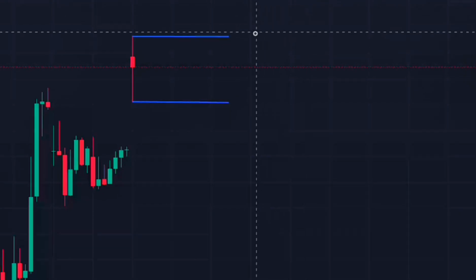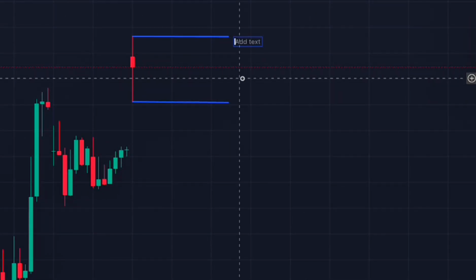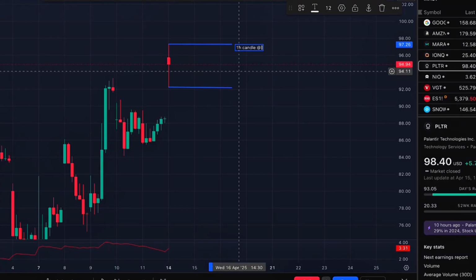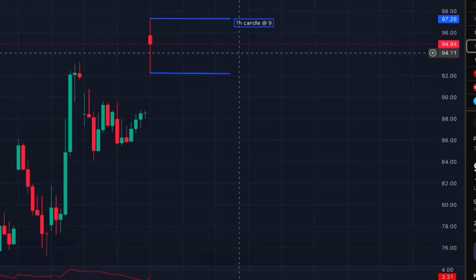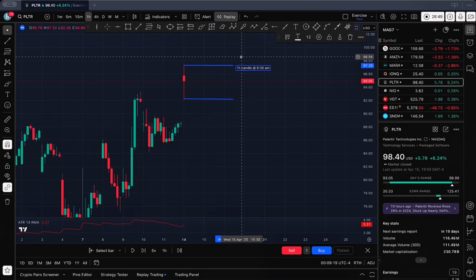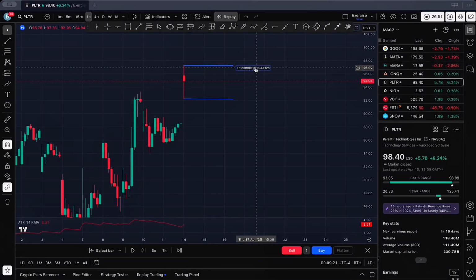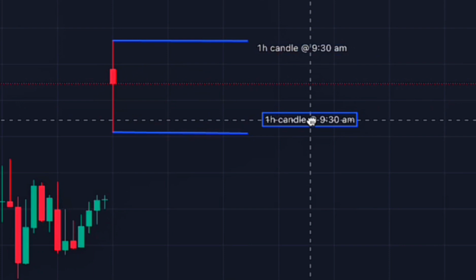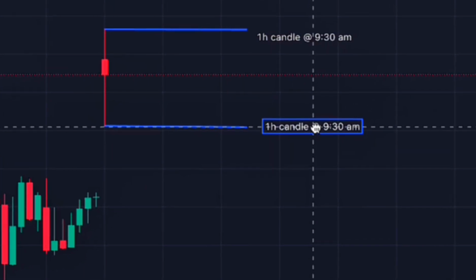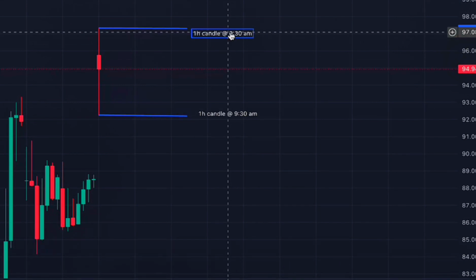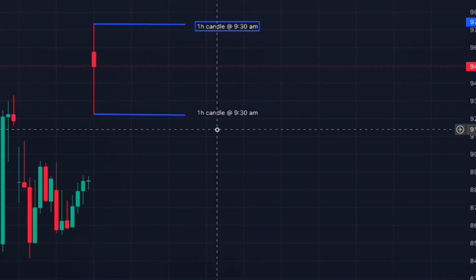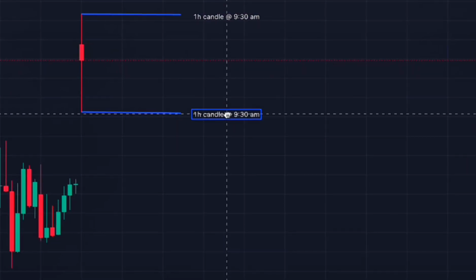Let's put a label here. This one is gonna be the 1-hour candle at 9:30 a.m. And this one here, let's copy this and have it here. I'm just doing this because I want you to see it in a clear way.